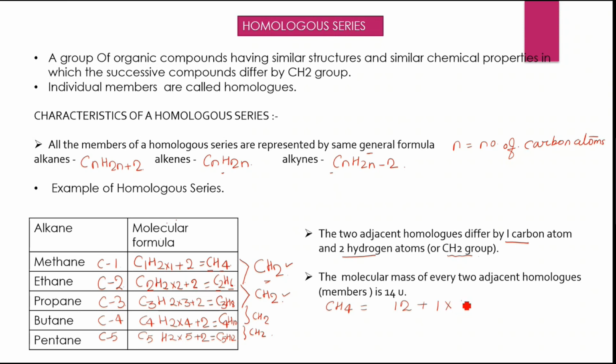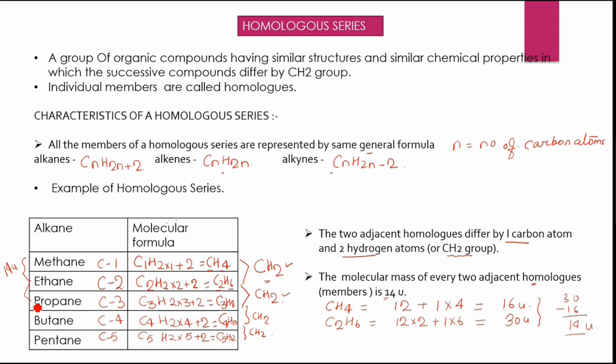We have 4 hydrogens, so 1 into 4, which is equal to 16 units. Then the molecular mass of ethane, C2H6: 12 into 2 plus 1 into 6 is equal to 30 units. So the difference between ethane and methane is 30 minus 16, which is equal to 14 units. So the molecular mass of two adjacent homologous members always differs by 14 units. So between methane and ethane, the difference is 14 units.